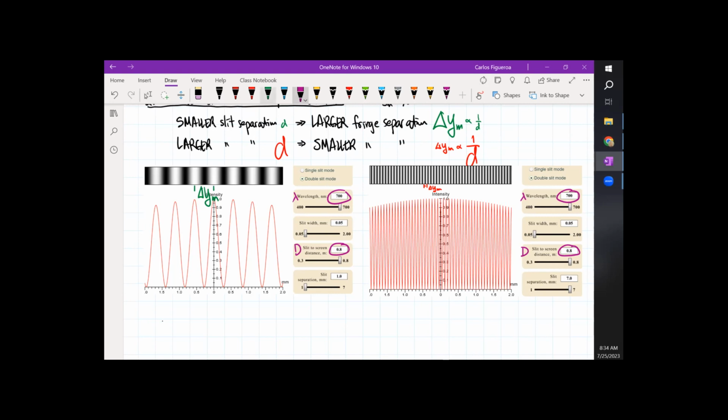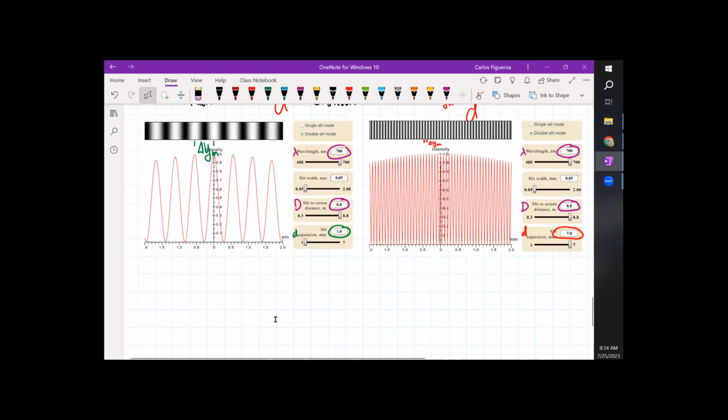This guy is going to be little d right here, and this guy over here is going to be little d2. Note that this is 7 millimeters and this guy's 1 millimeter. Once again, playing the same game as before, lambda and big D are held constant.